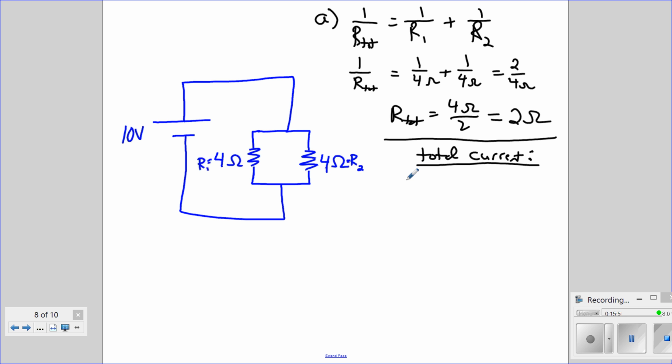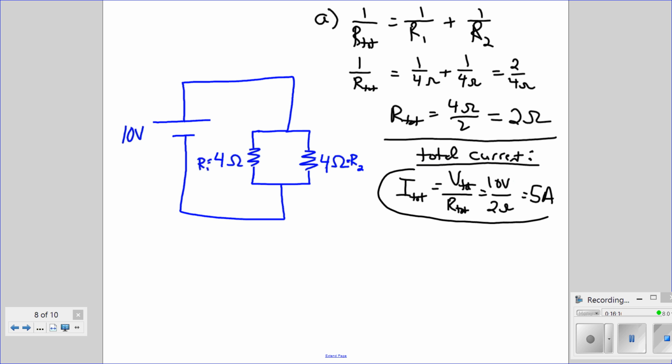And so the total current equals the total voltage divided by the total resistance, which is 10 volts over 2 ohms, which is 5 amps. So in this circuit, we have 5 amps flowing.